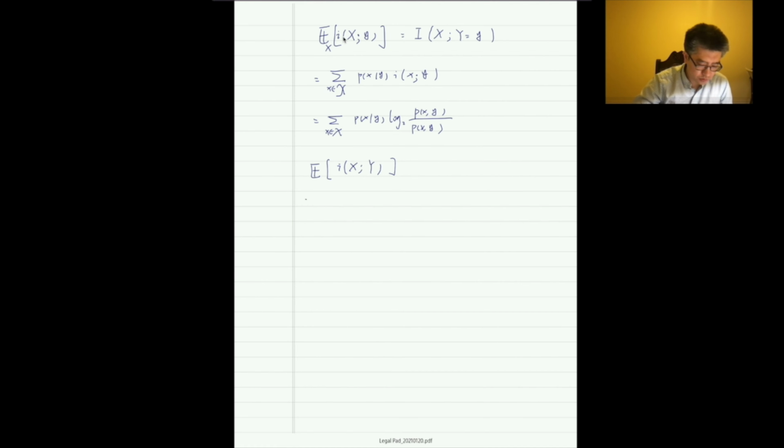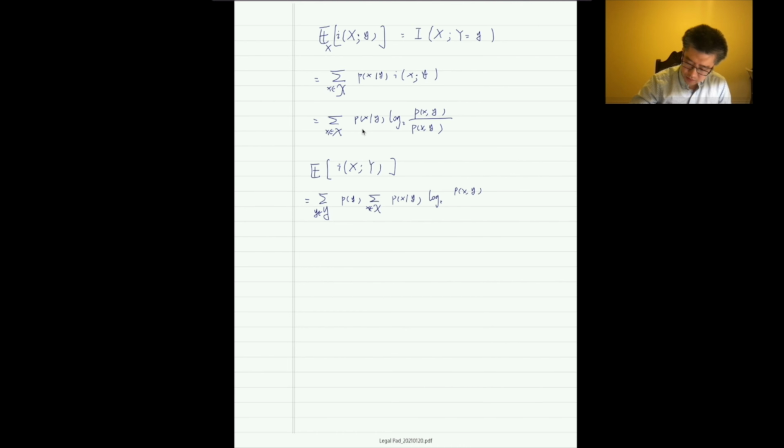So now we just need to do another average over y of this quantity. So that is the sum over y in y of py, sum over x in x of px given y log 2.